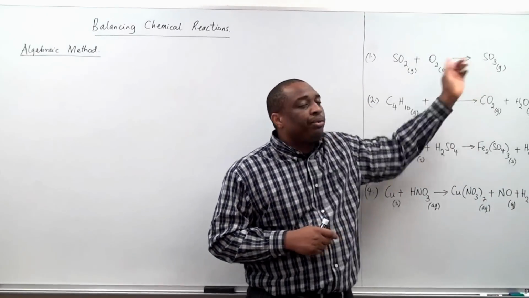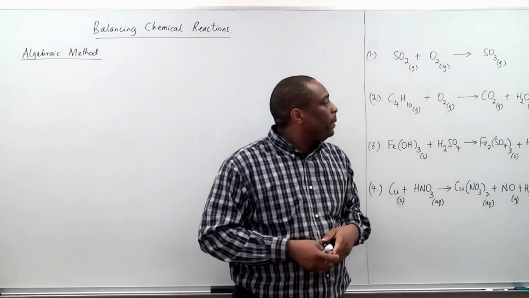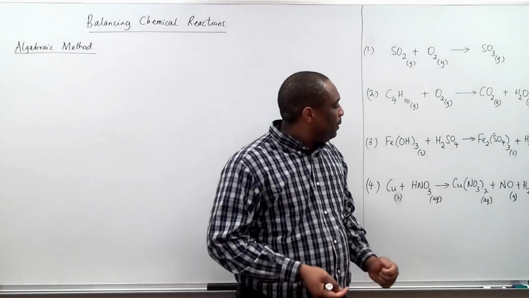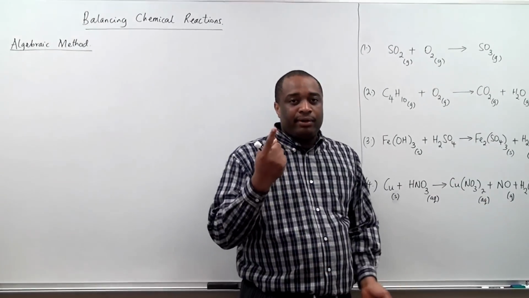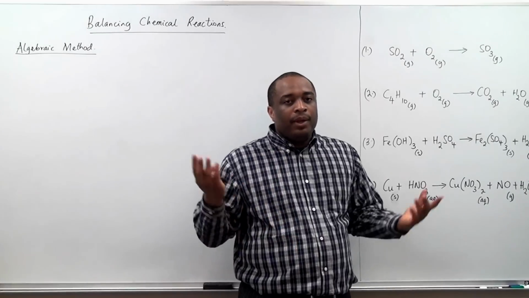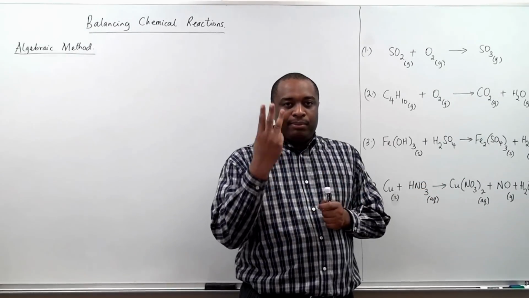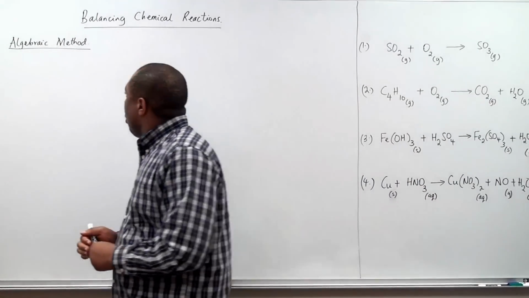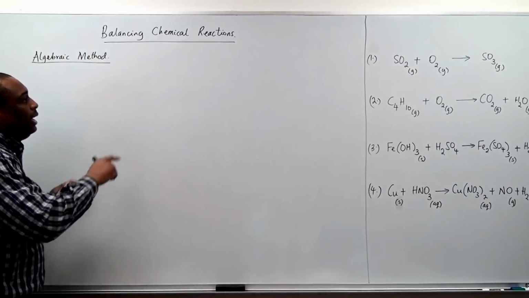So if you have only one product, you don't place any variable. If you have two products, you place the variable in front of one. If you have three products, you place the variable in front of two. If you have four products, you place variables in front of three. And that's the way it goes. All right, let's go ahead.